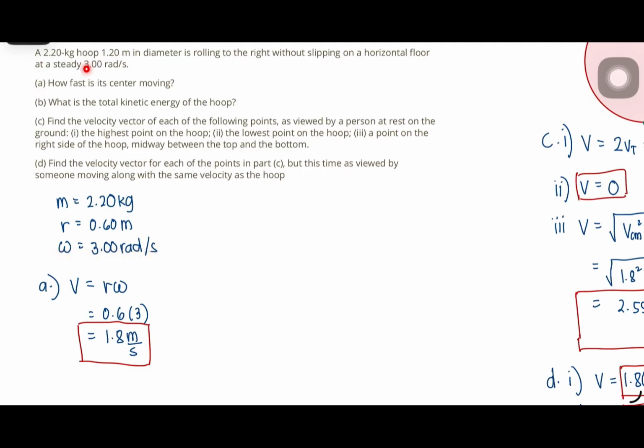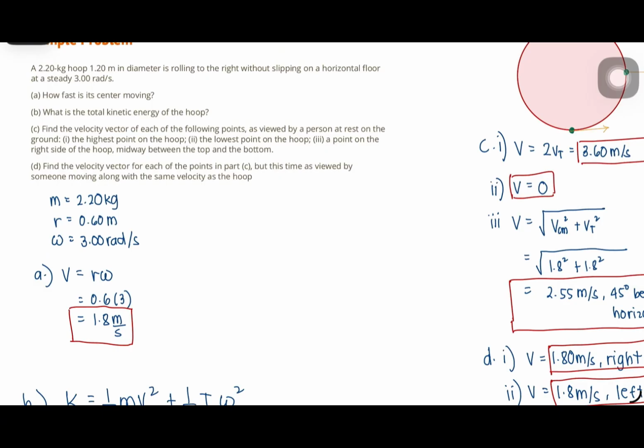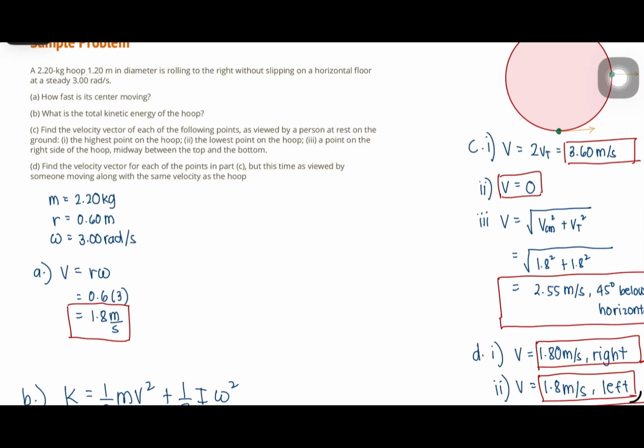Then yung omega natin, given po, that is the angular speed, 3 rad per second. Pinapahanap is the speed nung center of mass. So, ito yung moving wheels natin, or hoop pala yung binigay na rigid body. So, moving hoop.